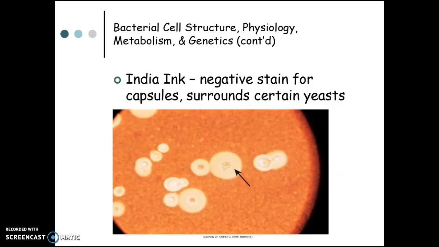India ink is a type of stain to look for the capsules, and in particular for yeast. If we look here, the arrow shows the yeast cells, and the white halo area is the capsule. By using India ink, we can observe these cells like this.